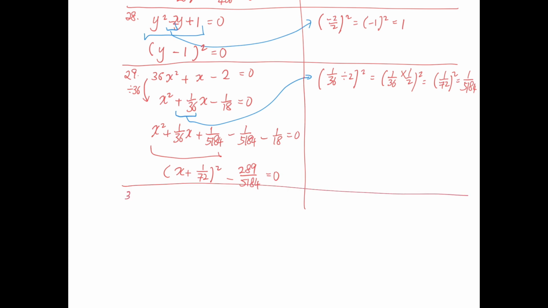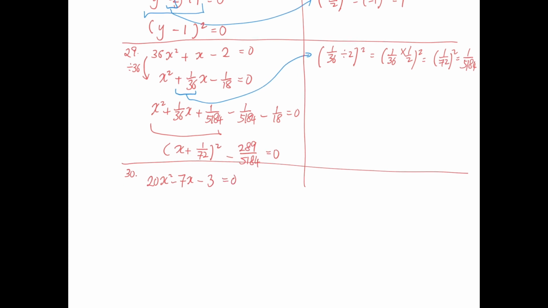Now, question 30. We have 20x squared minus 7x minus 3 equal to 0. So again, we need to divide by 20 to get rid of the coefficient. So we get x squared minus 7 over 20 x minus 3 over 20 equal to 0. And we take the second coefficient, we divide by 2.